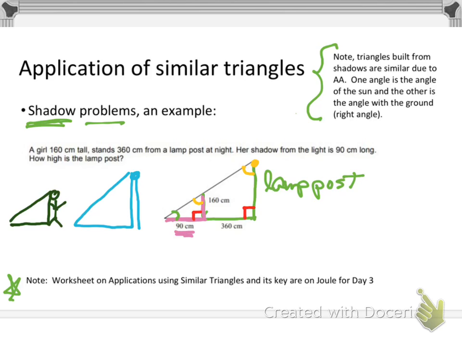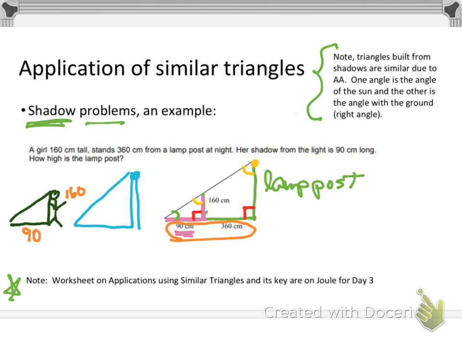So we know, for example, that this shadow is 90, and we know that her height is 160. We know the whole length of the shadow cast by the lamppost. That is 90 plus 360.